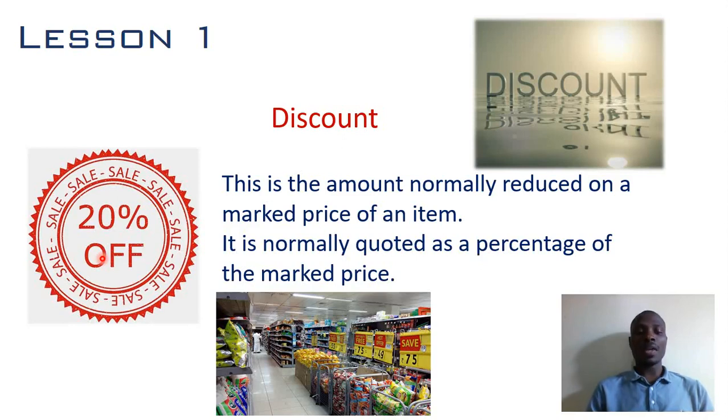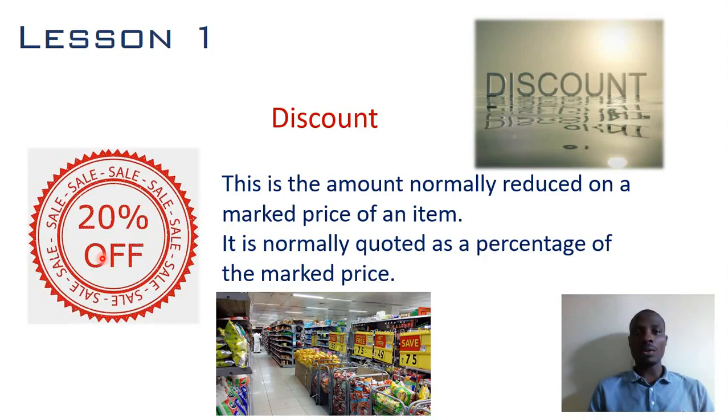So it implies that we shall be having 6.25%. So the seller of the television set would have given you a 6.25% discount. So that's what we call a discount.